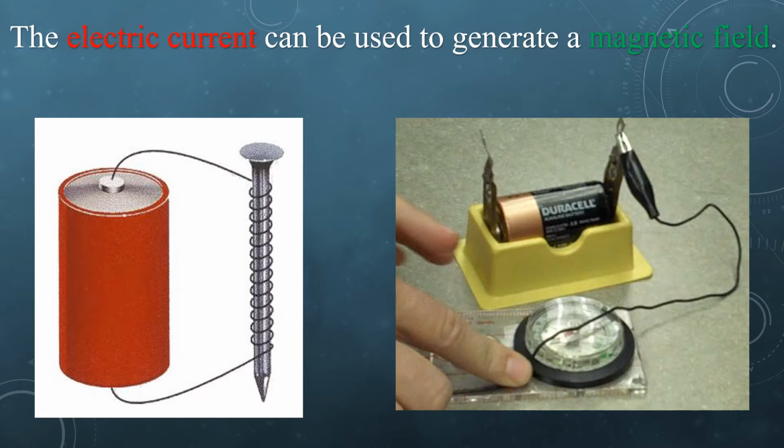So, scientists discovered that from electricity we can create a new magnet. This magnet is called the electromagnet. Electromagnet means from electric to magnetic. Electro, from electricity, to magnets.